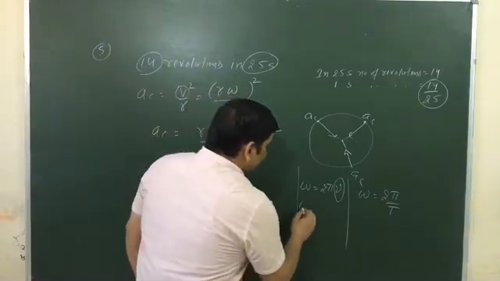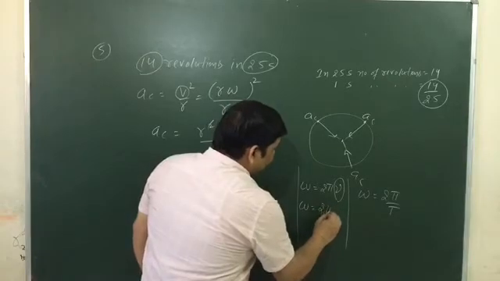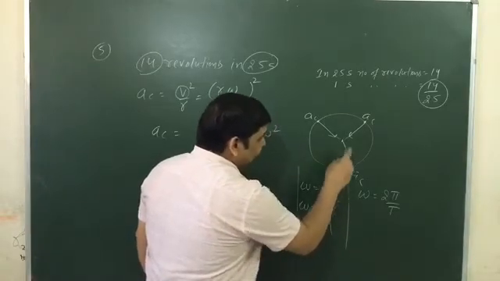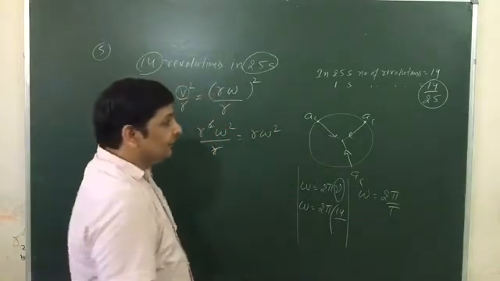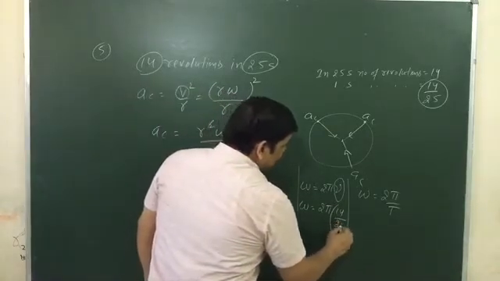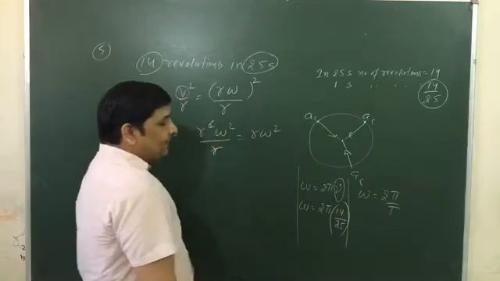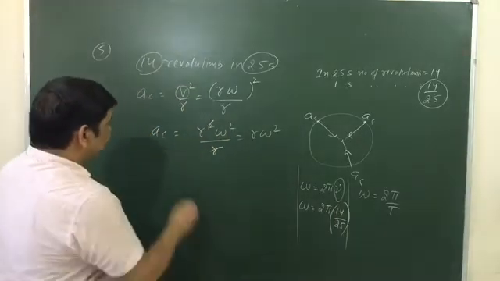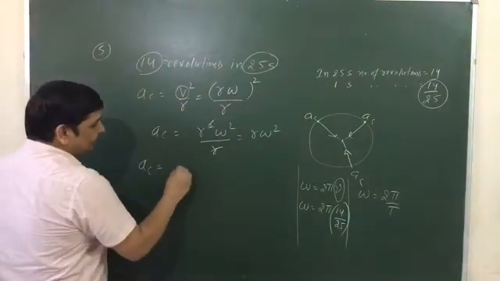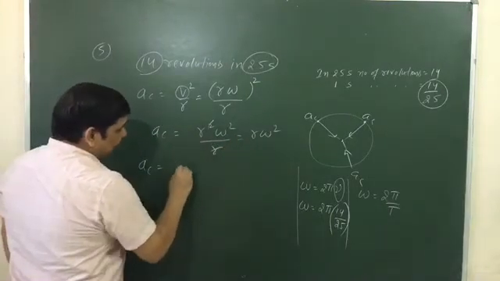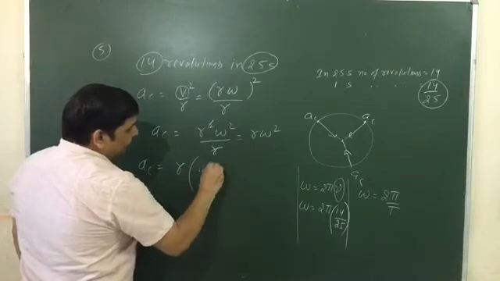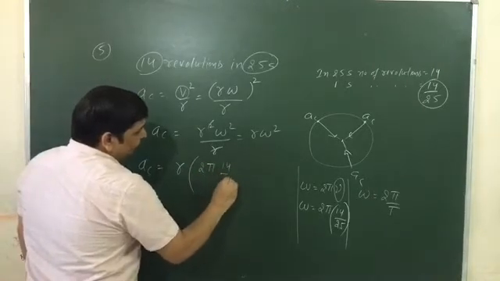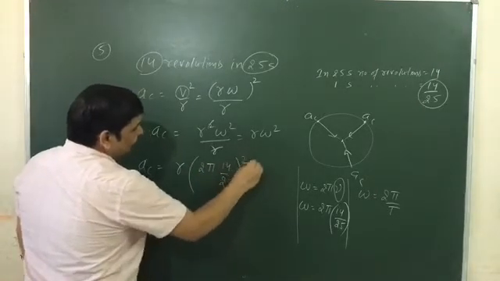Therefore, omega is given by 2 pi times frequency. Frequency means number of revolutions divided by given time. Therefore, acceleration is r omega square. Omega square means 2 pi into 14 by 25 raised to power 2.